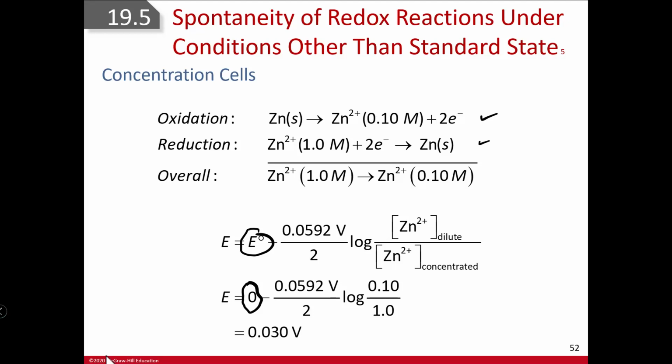But the Q part, we have differences here, and it's 0.1 molar for the product over 1 molar for the reactant, and we get a slight positive cell potential, which says this reaction is spontaneous, and that's how a cucumber, I've seen it as a pickle, and I've seen it as a potato, can power an LED clock.